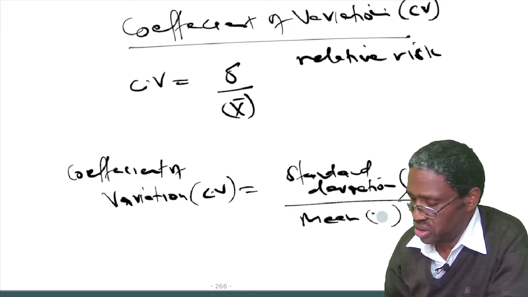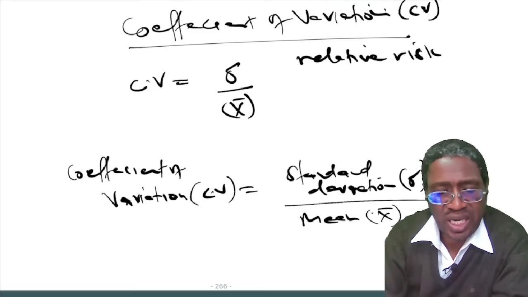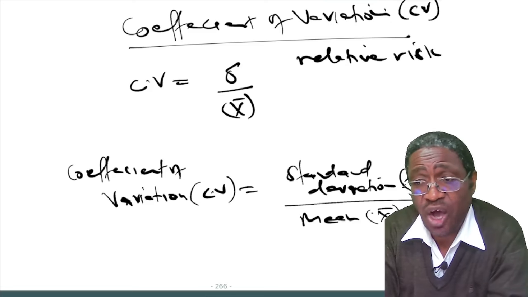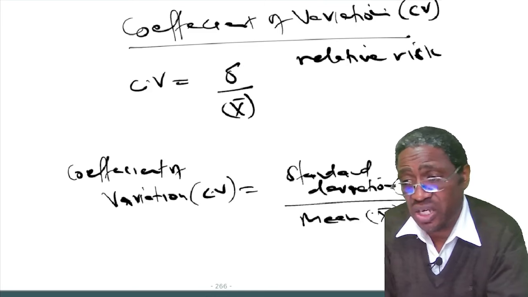Standard deviation divided by mean x bar. Good. That's how you get the coefficient of variation.